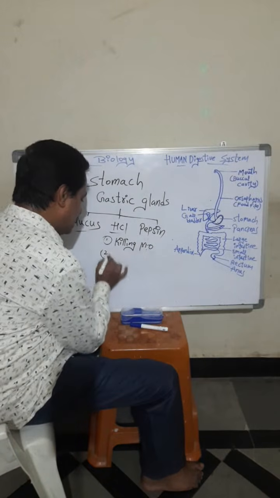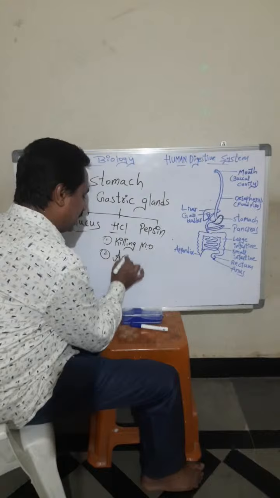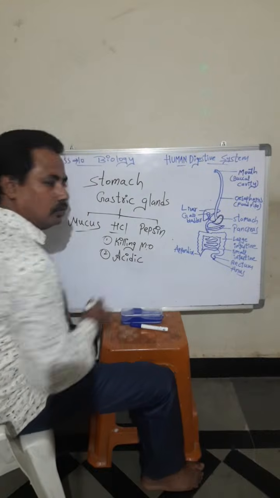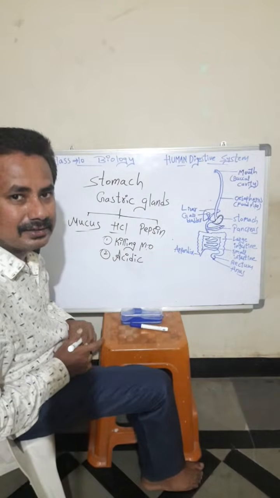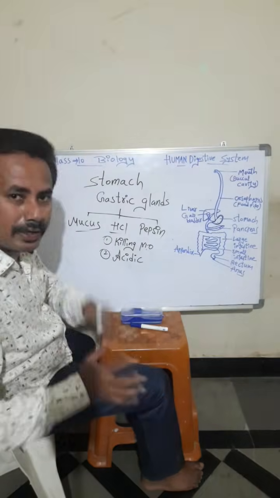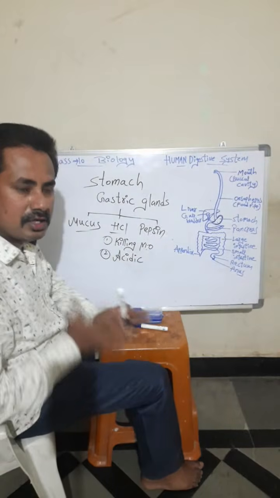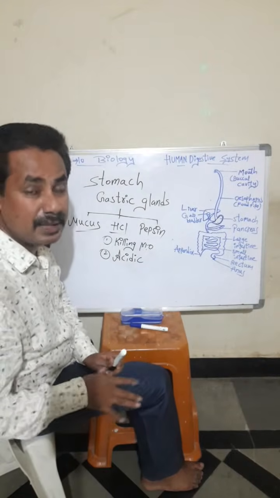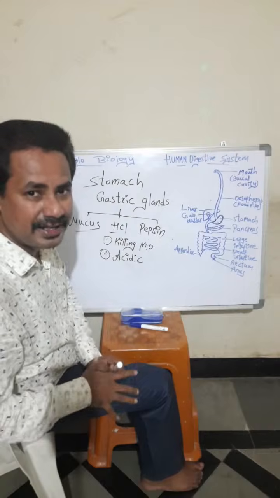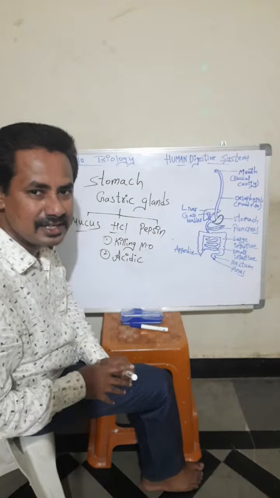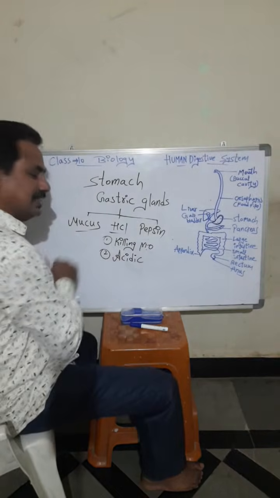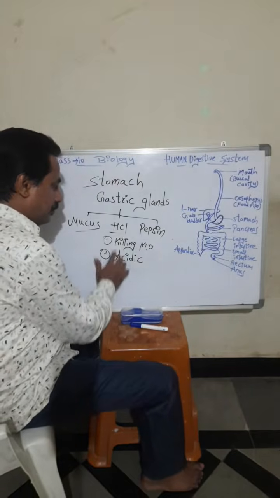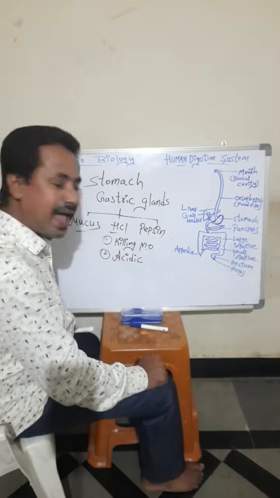And the second is making the food acidic. Food becomes acidic because hydrochloric acid mixes with the food and also digests and breaks down the food. Chapati, pizza, burger that we are eating have to be broken down by acid. So it makes the food acidic.